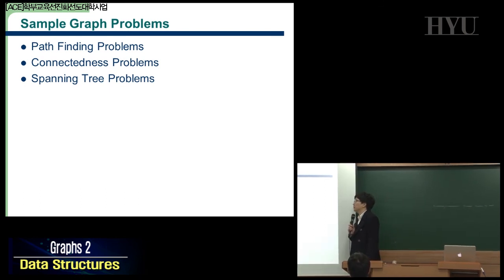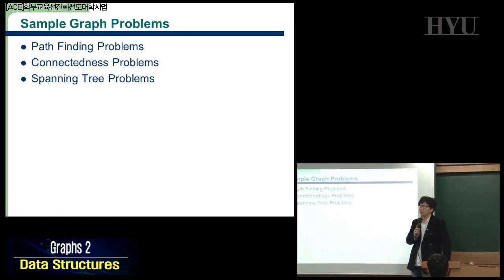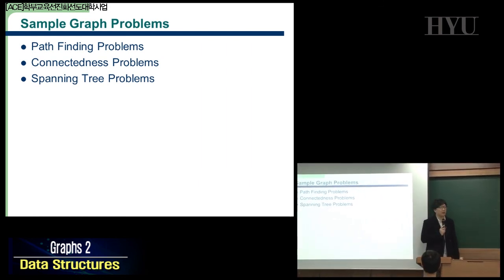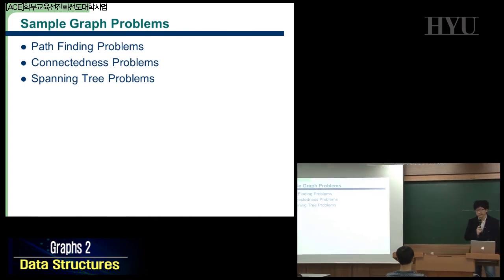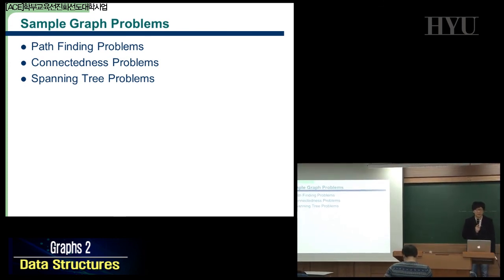And second, they usually ask connectedness problems, whether some part of the subgraph is connected or not. Or usually they give you a connected graph and ask which edges can be removed so your graph is no longer connected. So you're looking for something called bridge edges. And the third is spanning tree problems. Given the graph, they ask you to find a spanning tree.